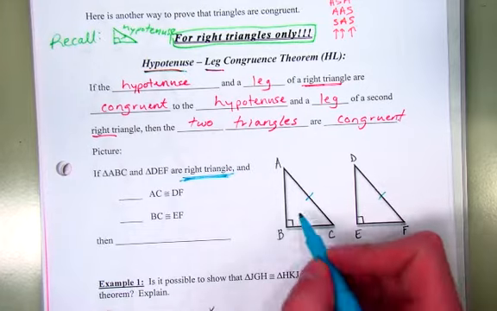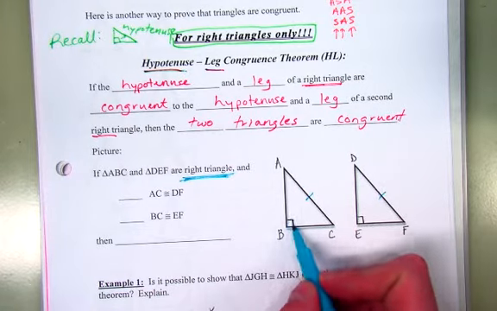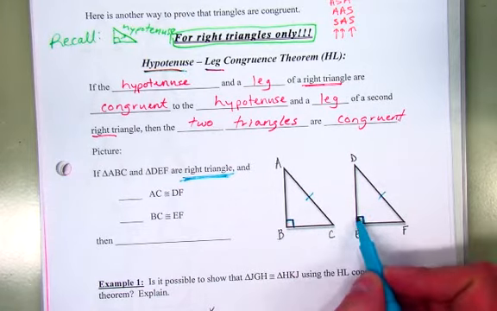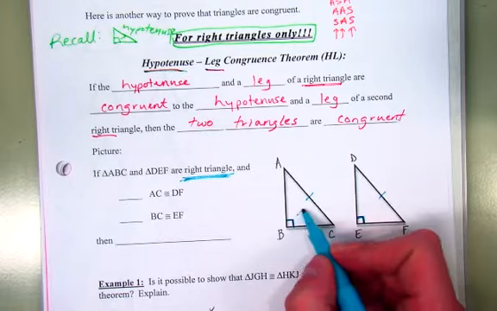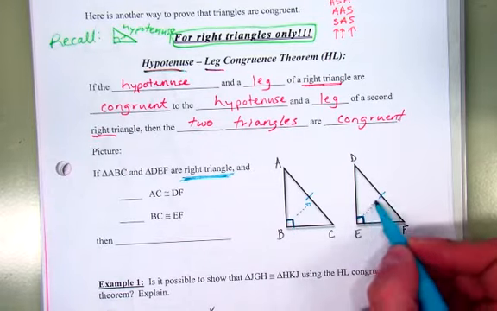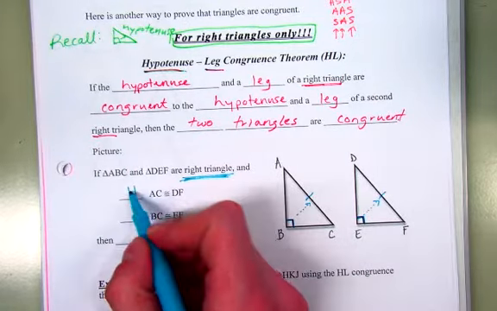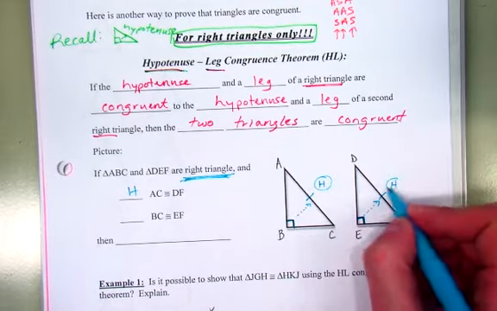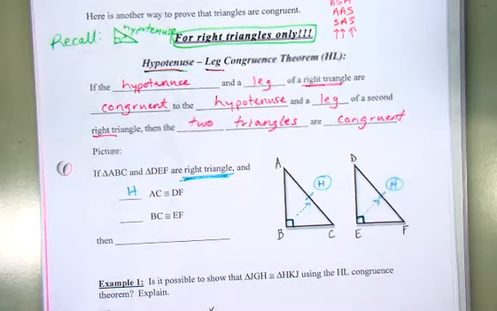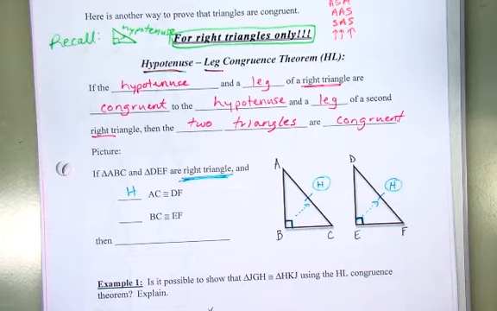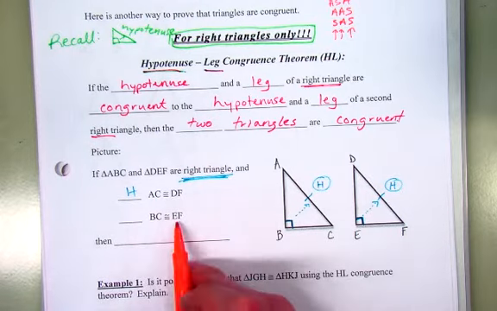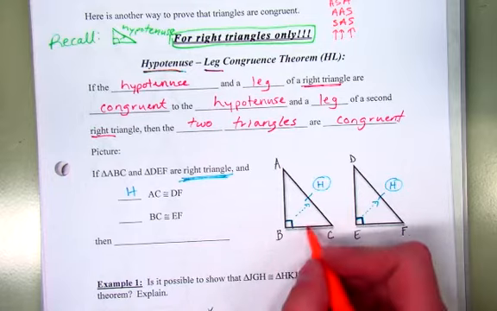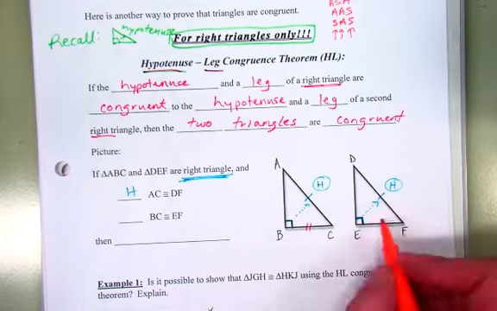And if you remember, the side across from our right angles is always going to be the hypotenuse. So over here, I'm going to write H. In my diagram, I'm going to label that these are the congruent hypotenuses. Then down here, they tell us that BC is congruent to EF. So let's put our tick marks in there.